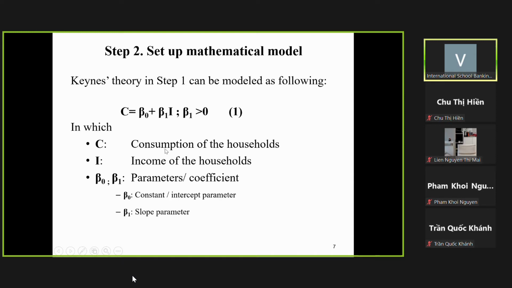Okay, and so here you have to remember some names, some notation, like beta 0 and beta 1 here are parameters or coefficients. Textbooks sometimes use parameter, sometimes coefficient, so you should note that they both refer to the same object.